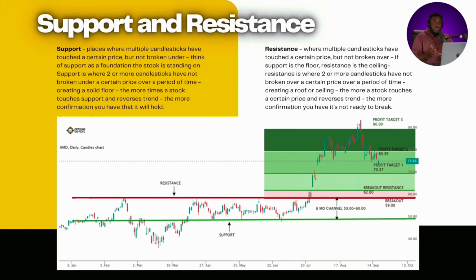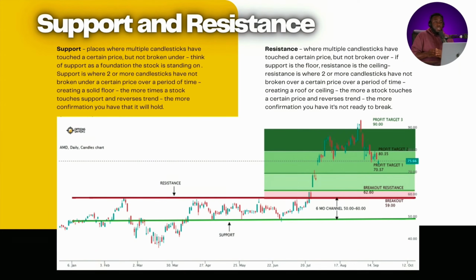If a ticker or a stock is deciding not to go below a level for whatever reason, we would consider that a support level. And we identify support levels with multiple confirmation. If it just bounces off of one level, that's not enough for us to consider it support.